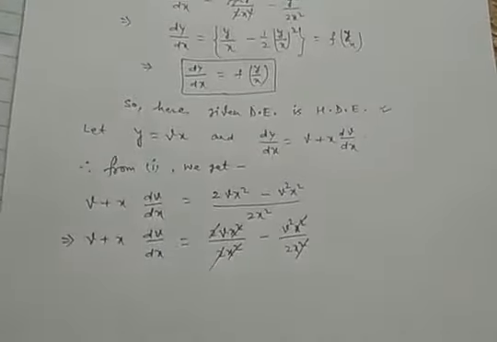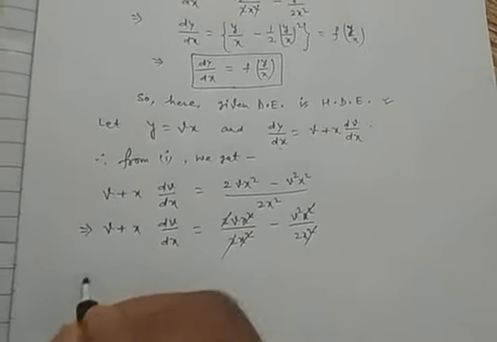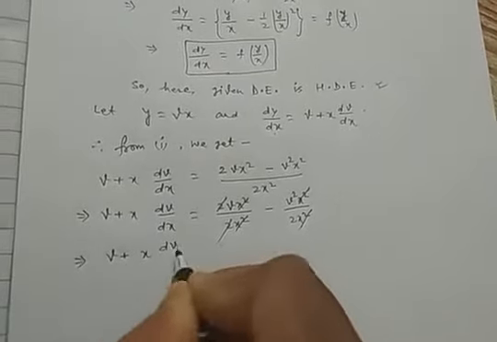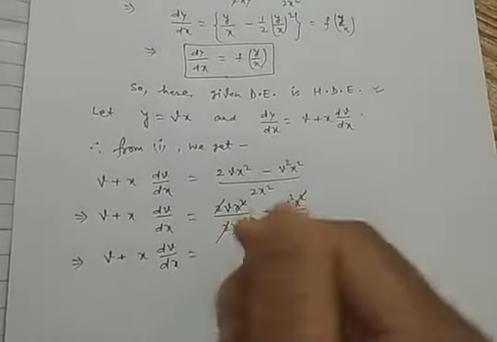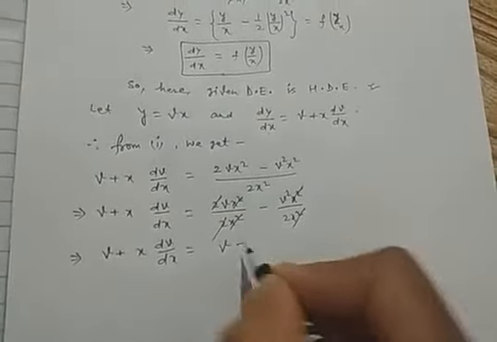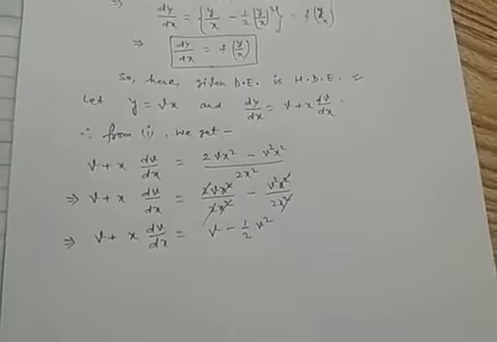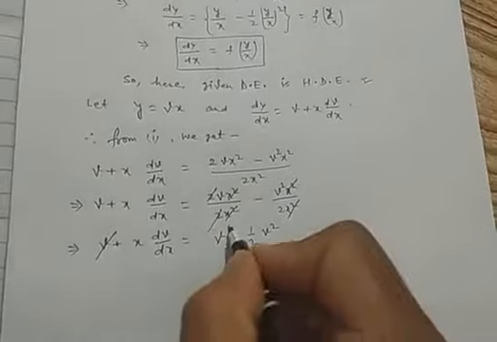So now this implies v plus x dv upon dx equal to v minus 1 by 2 v square, then this v and this v will be cancelled.